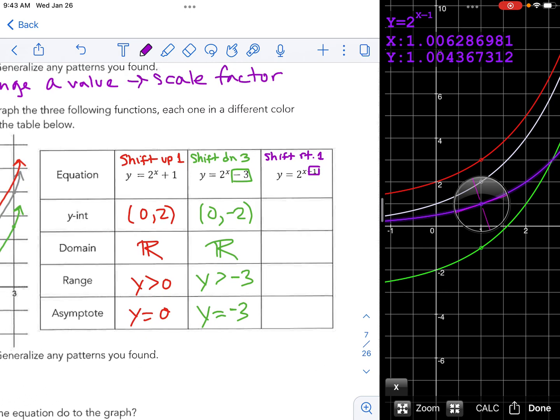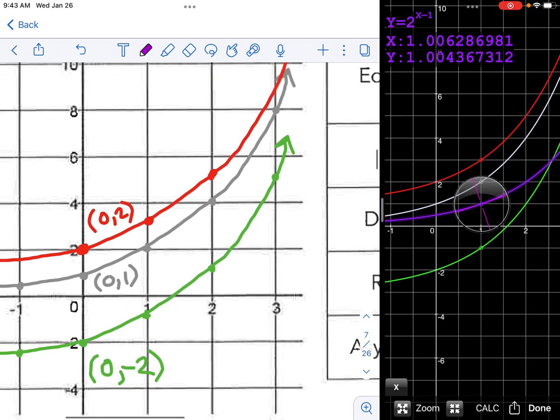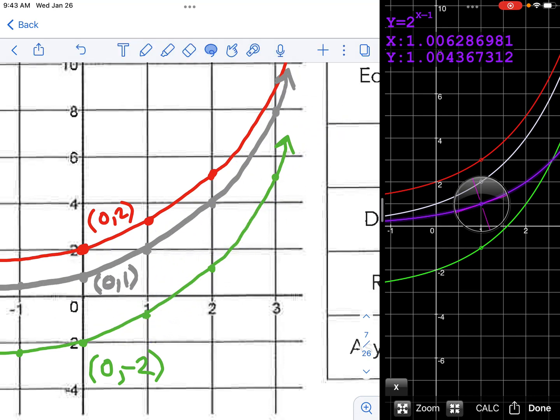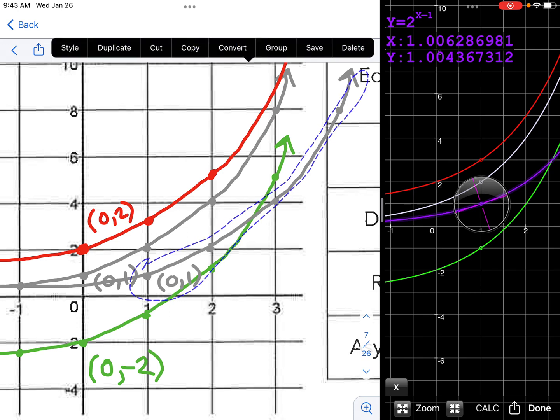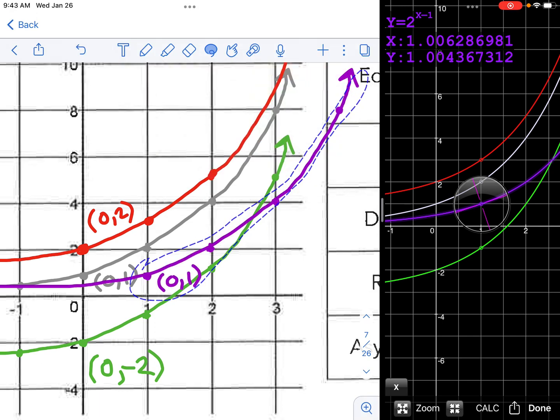Just like what was happening in our previous unit, let me lasso all of this, and I'm going to duplicate it, and I'm going to take this, right, it's right here, and shift it over 1. So I'm sliding it to the right 1. Right there. And then let's color that purple.